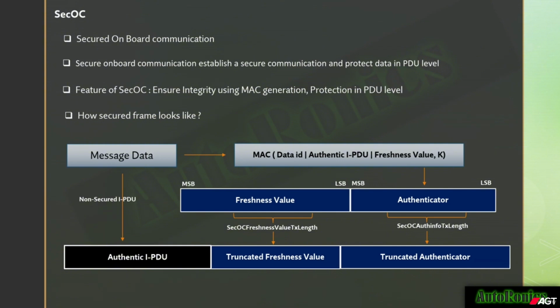So now we derive the secured IPDU, which normally consists of authentic PDU, truncated freshness value and truncated authenticator. And this secured IPDU will be output from the security module after passing the below crypto layers like CSM, CRYIF and crypto. We'll see in depth about the freshness value in the next slide.